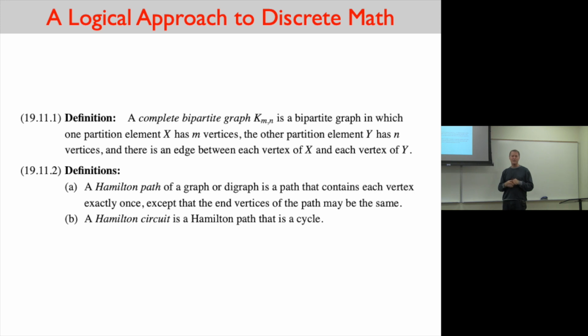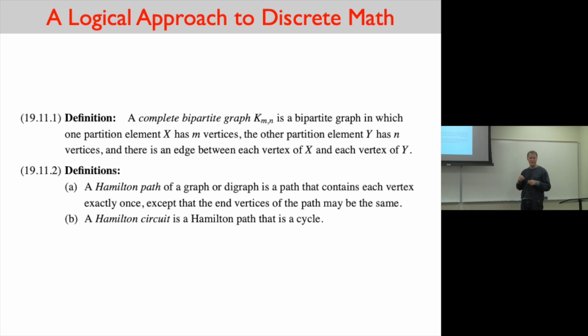And what is that division called? It's called a what of the set of vertices? It's a partition. All right. And what happens is every edge goes from a vertex in one of the sets to a vertex in the other set.